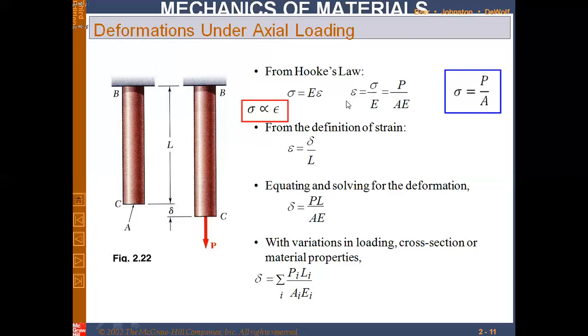So we have two equations for epsilon. One is from Hooke's law, and the other is from the basic definition of the strain. If we equate these two equations, we get delta by L is equal to P by E A. We are trying to find a mathematical model for delta, so we have to bring this L to the other side of the equation.